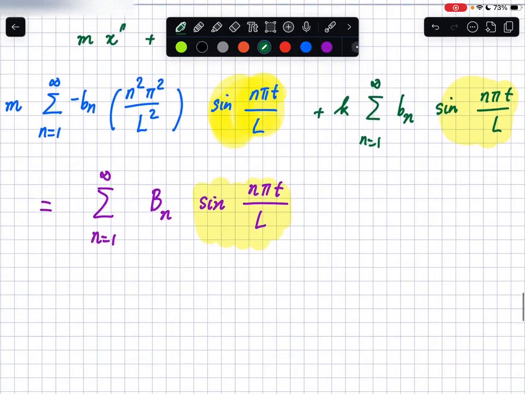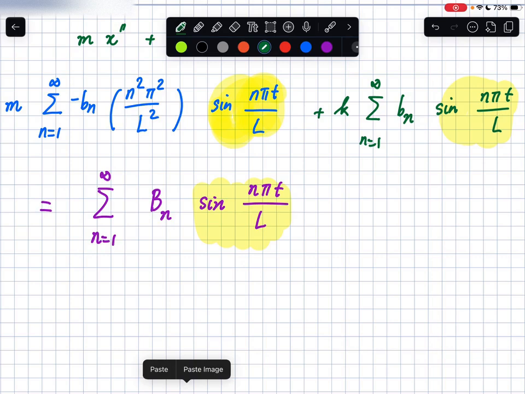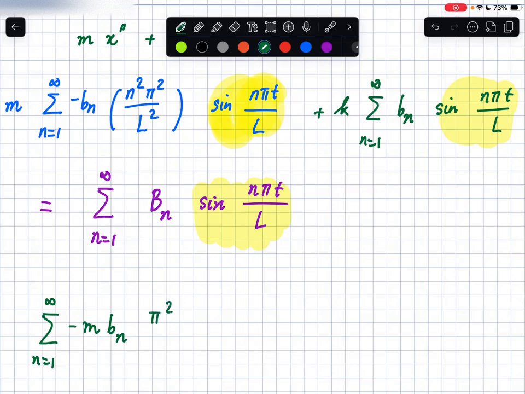So we have m times the summation, I write out as summation n from 1 to infinity, of m times minus m bn pi square n square over L square, plus k bn. So you can bring bn out because this is also in common.